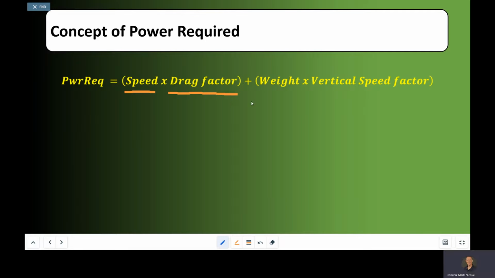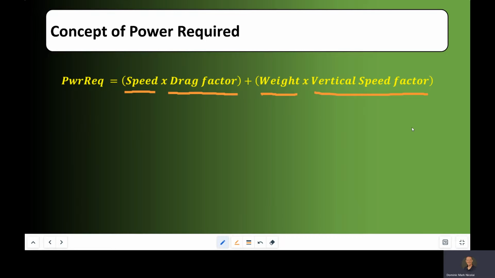That's one half of the equation. And the other half is, well, how much weight is there on the aircraft? So I need a certain amount of power based upon the weight of the aircraft. And what sort of vertical speed factor do I want to use?